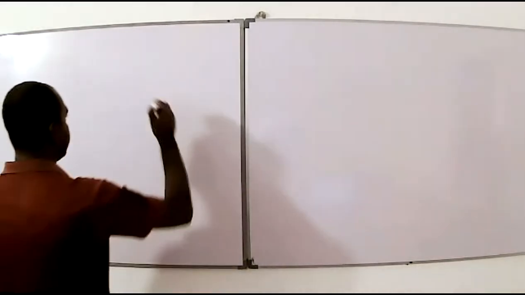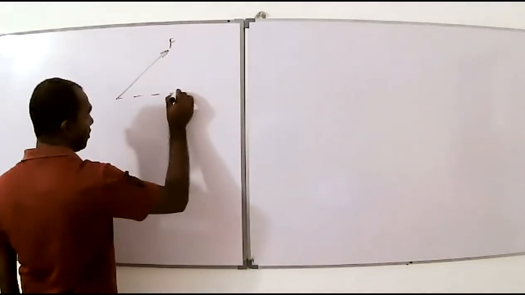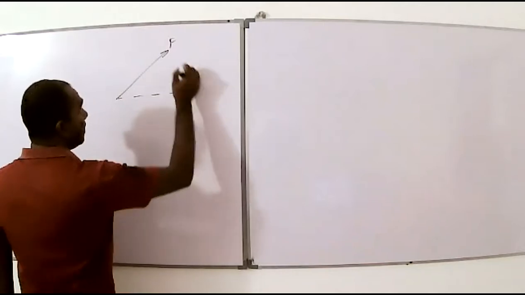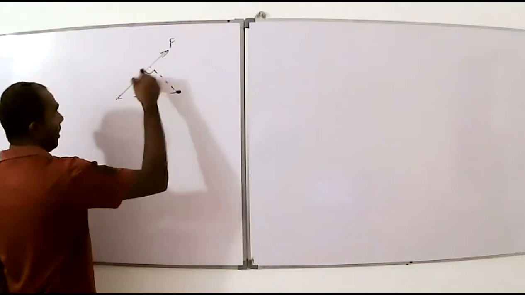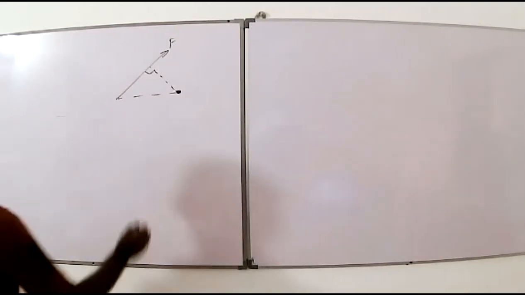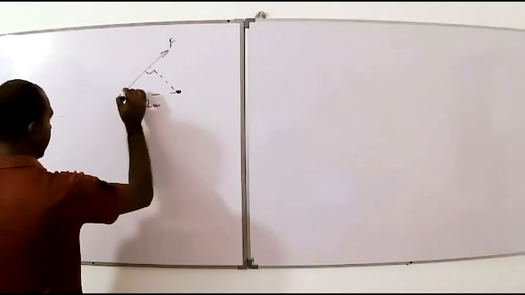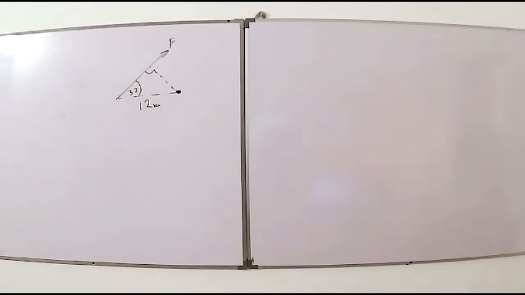There is a point, and I asked you to do this at home. There is a force going. This force F is creating a moment of how much? 15 Newton meters around this point P. And this point P is 12 meters away and 30 degrees apart from here.